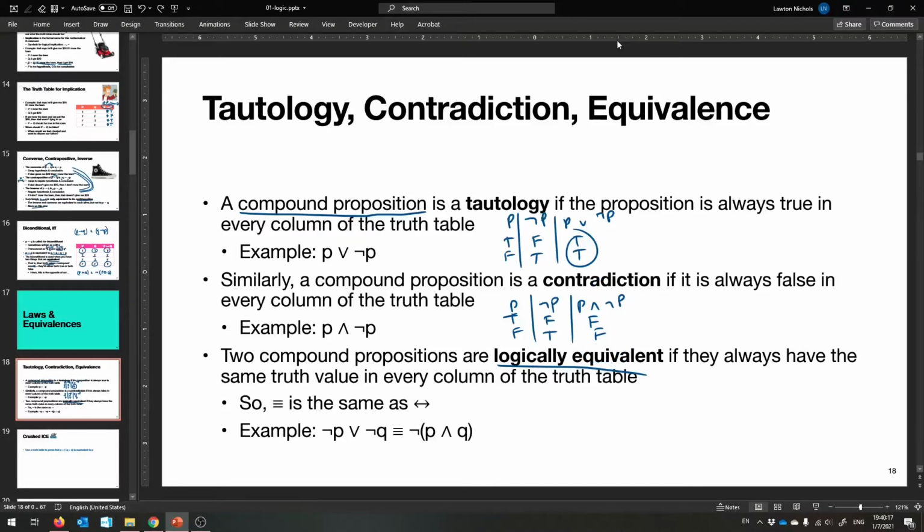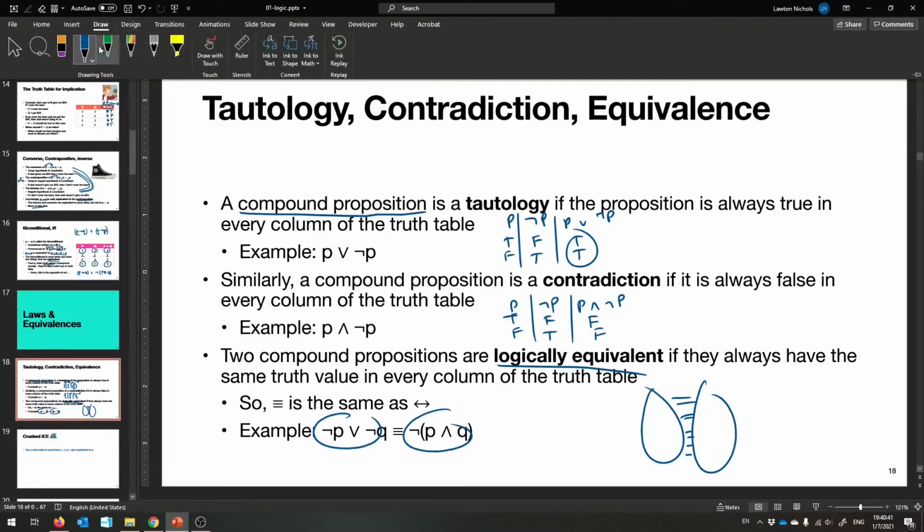So, for example, if you write the truth table for not P or not Q, depending on P and Q, of course, and you write the truth table for not, and then, but first doing P and Q, you will find that they are equivalent. And so their truth values in the final column for each of these, like you write both of them next to each other, they'll both be equal in each case.